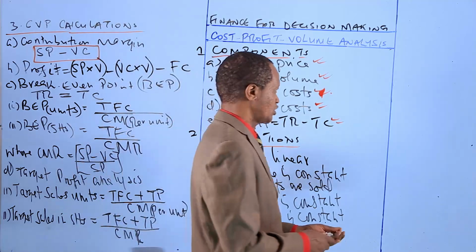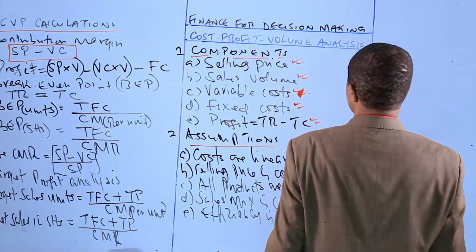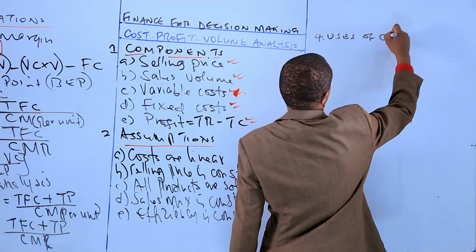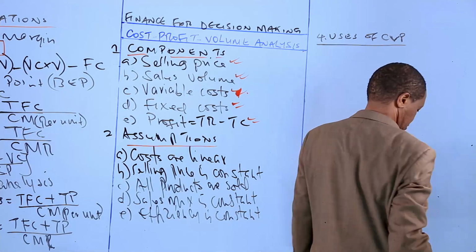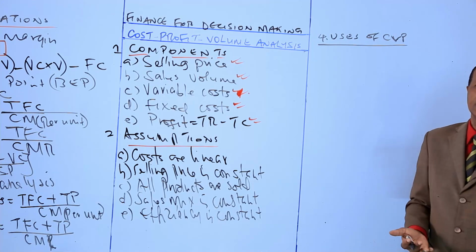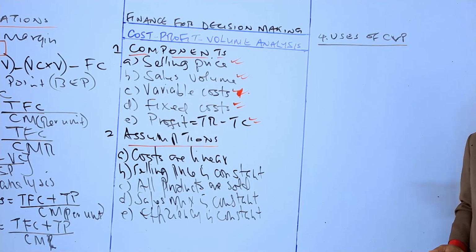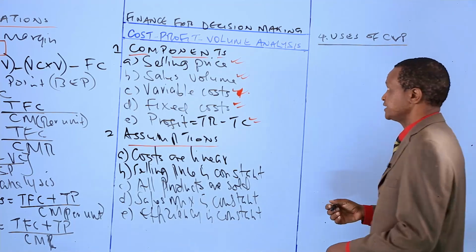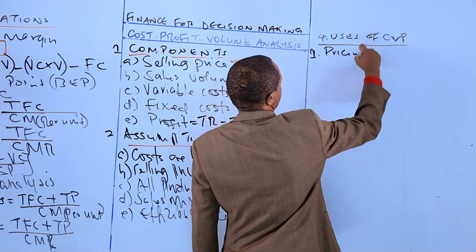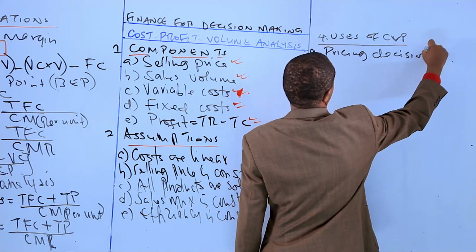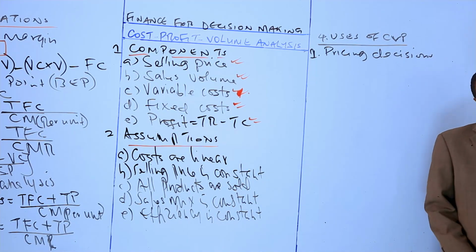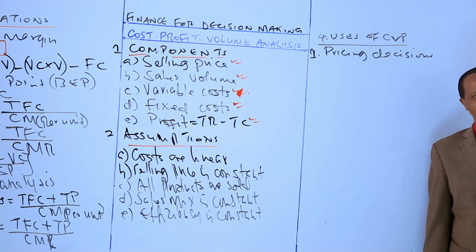Now, in closing this lesson, let's discuss number 4, uses or importance of CVP analysis. Managers use CVP analysis for various decision-making purposes. One such purpose is pricing decisions, making decisions regarding prices.